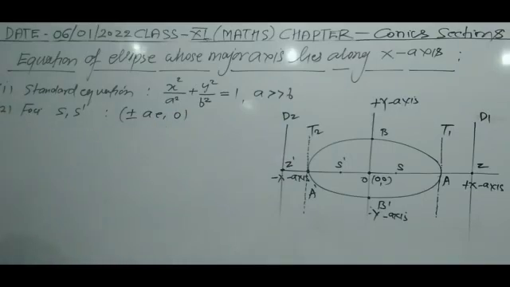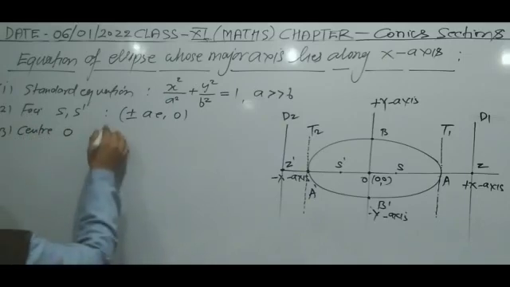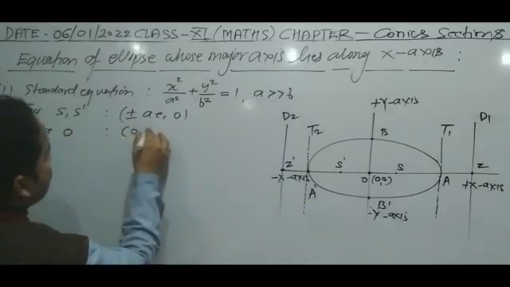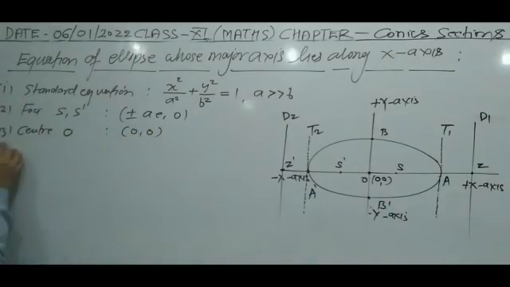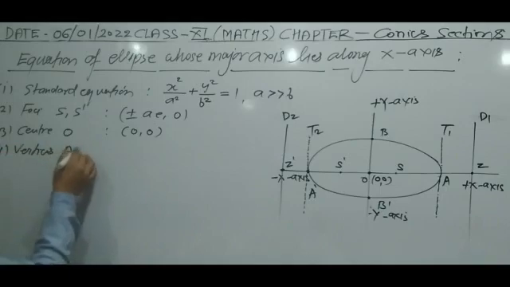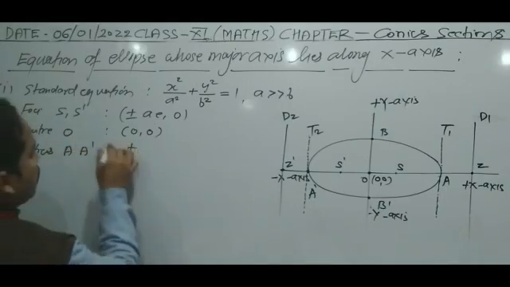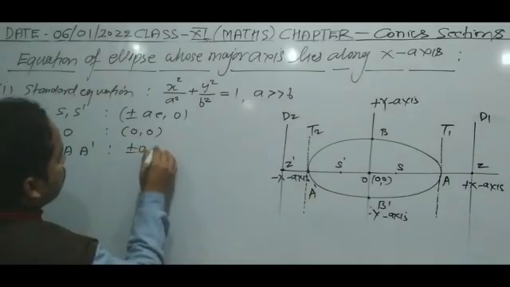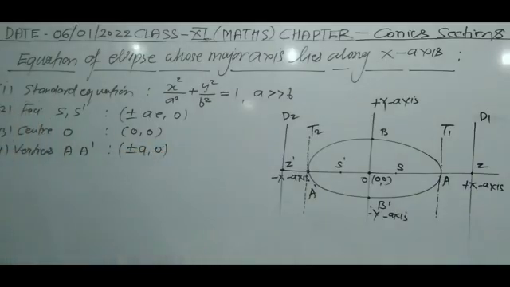And now third point, center O, this is 0, 0. Vertices A dash, this is plus minus a, 0.